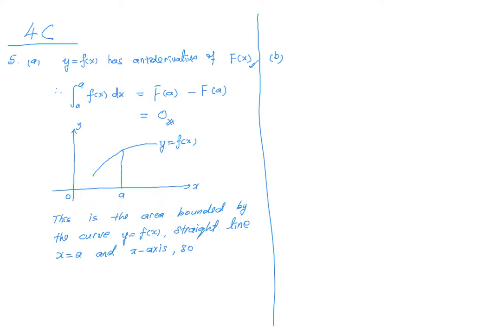So it is a straight line, and its area is 0. So that is how you write. So you see, when you look at simple questions, the way you explain is very important.